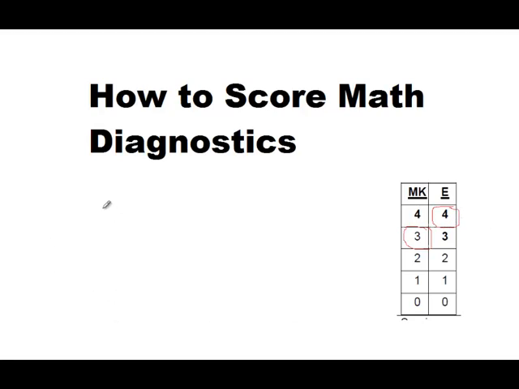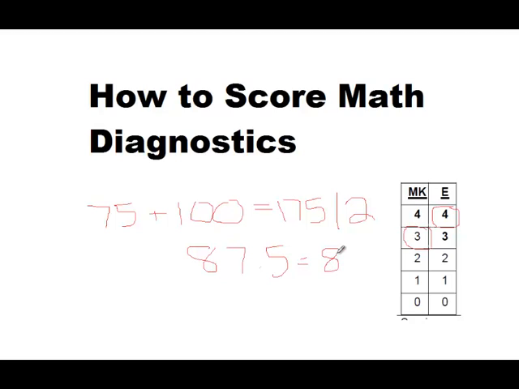So the way that I would score that is that 3 is worth 75 plus the 100 for the 4 in explanation, which is going to give me 175, which then I'm going to divide by 2 and get an average score. Now this is going to leave me with 87.5, and for the purposes of OSAT we are going to round up, and that problem will get a score of 88.